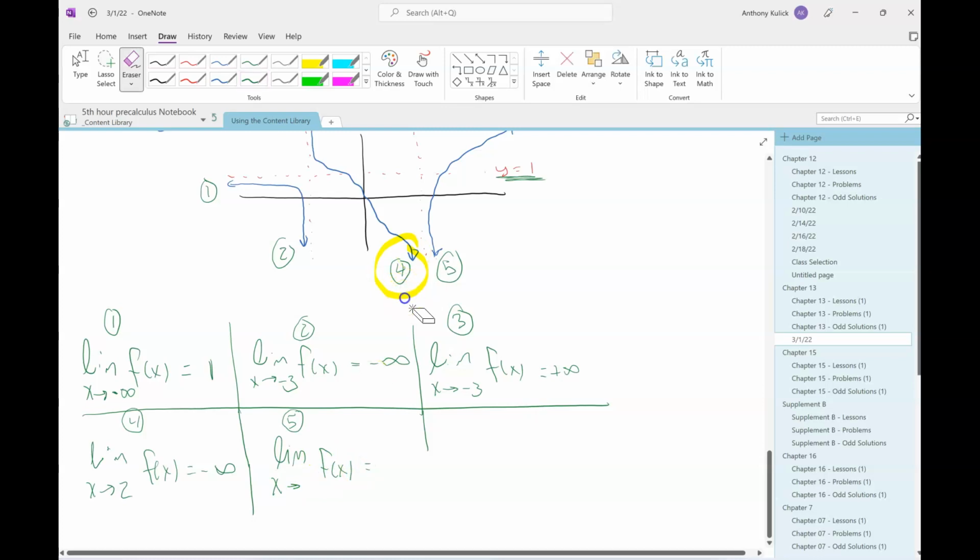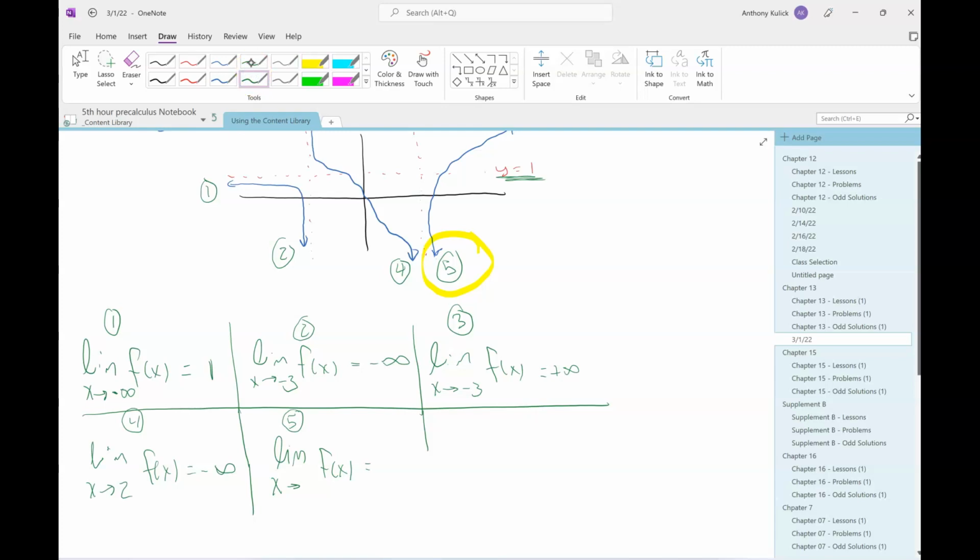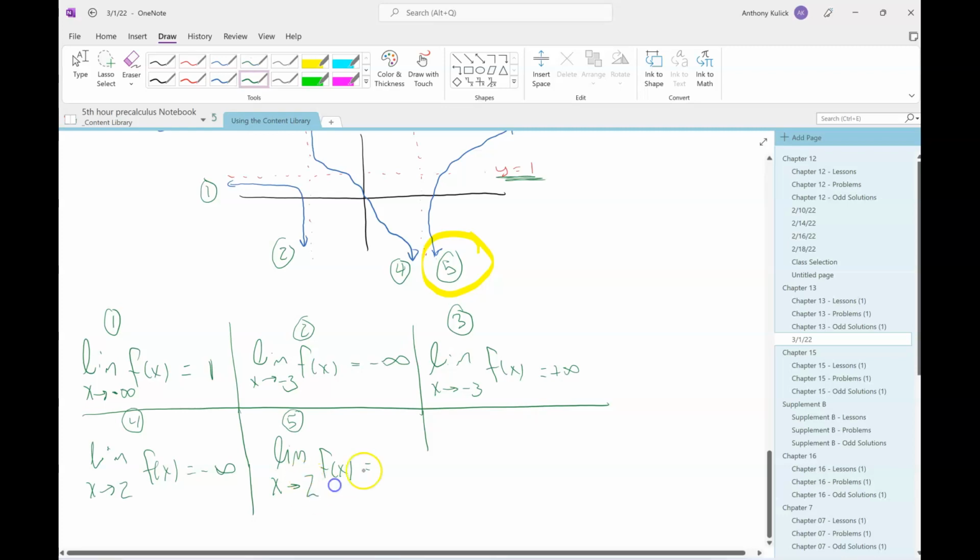This is why I wanted to do something with a bunch of examples, because you've got a bunch of things that could happen, but we'll cover them all inside of one problem. All right, 5. What's going on here? x is going to 2, y is going to -infinity again. Yep, that's right.